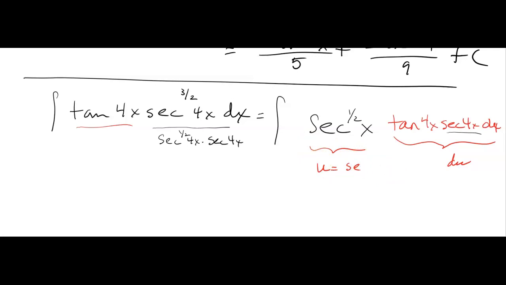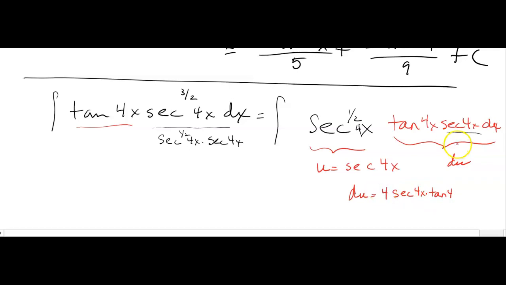Because in doing that, I can now let u be secant. I forgot the 4, sorry, that's a 4x. I can let u now be secant of 4x, and guess what du is? Well, it's secant 4x times tan 4x times the derivative of 4x, 4.